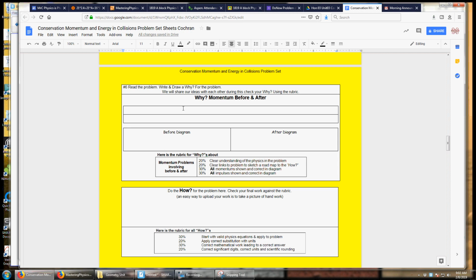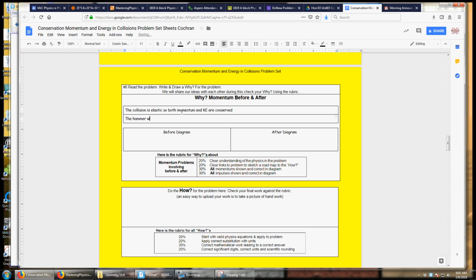So the collision is elastic. So both momentum and KE are conserved.